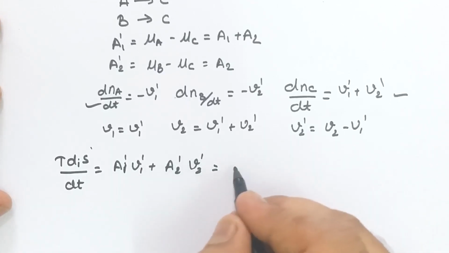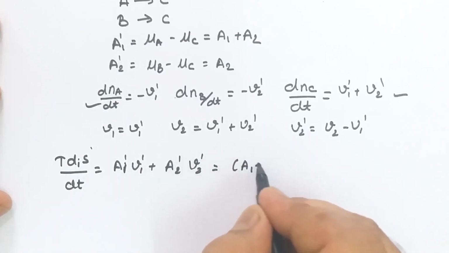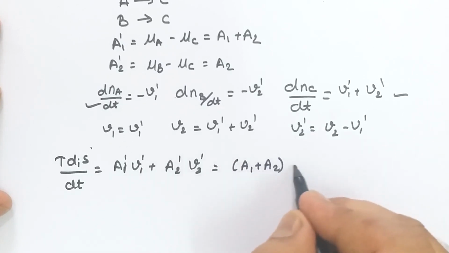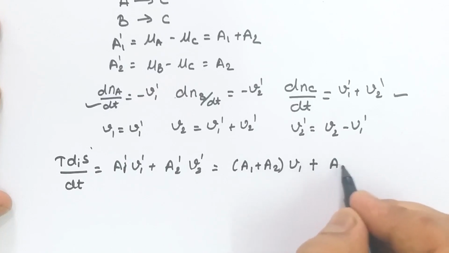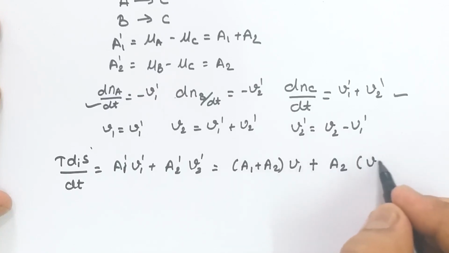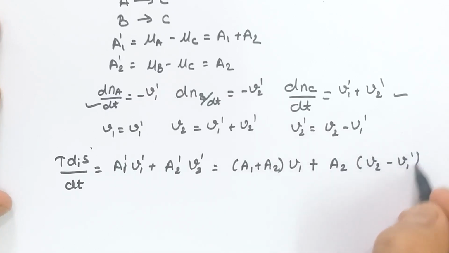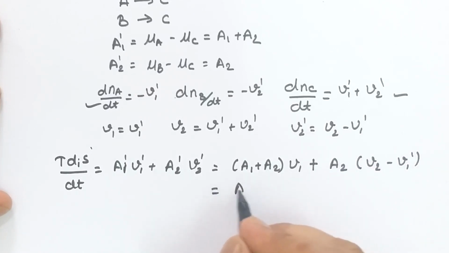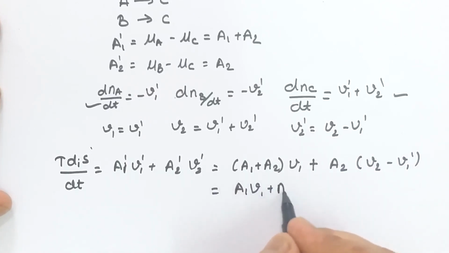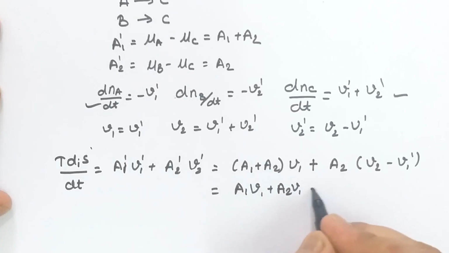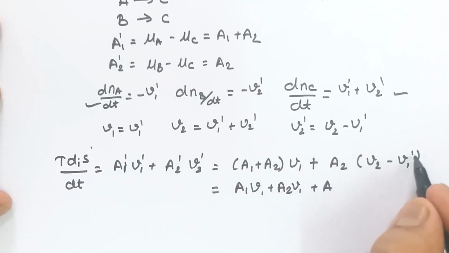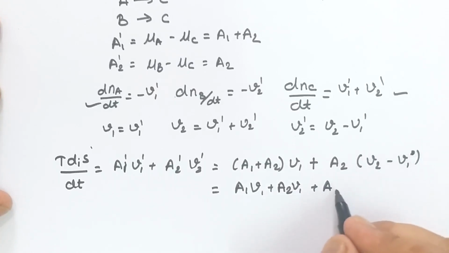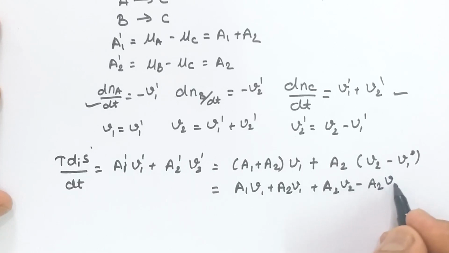So our expression will take the form A1 plus A2 into nu1 plus A2 into nu2 minus nu1, and when we simplify it we get A1 nu1 plus A2 nu1 plus, and also in place of nu1 prime I can substitute nu1, so we will have A2 nu2 minus A2 nu1.